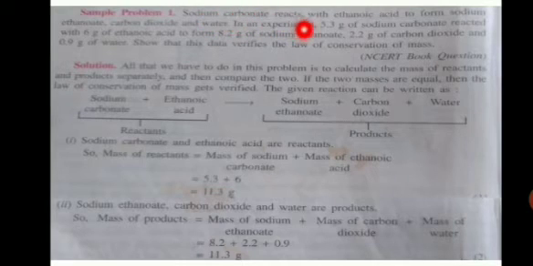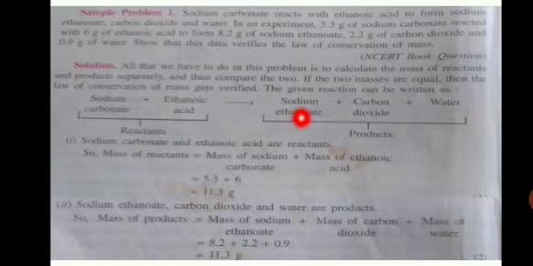Sodium carbonate and ethanoic acid are the reactants. Second, to form sodium ethanoate, carbon dioxide and water. So what are the products? Sodium ethanoate, carbon dioxide and water.